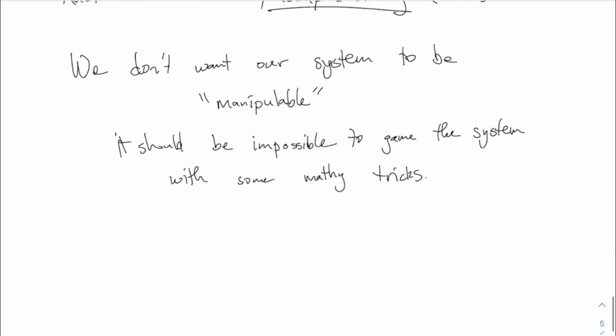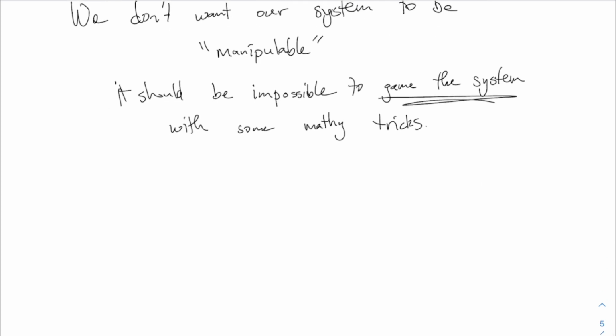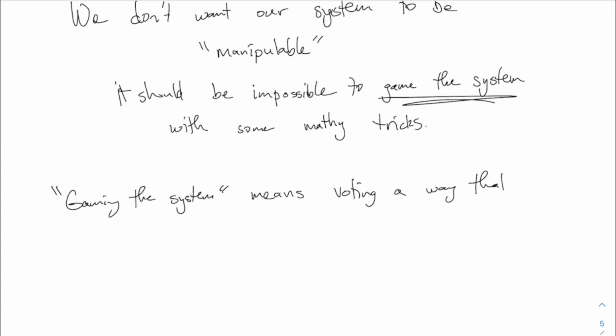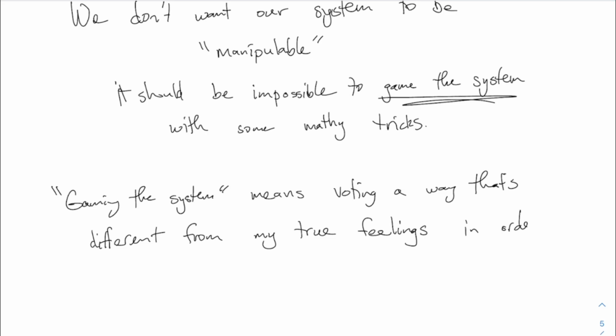So we have to be specific about exactly what I mean by gaming the system. I'm going to say it this way. Gaming the system, for our purposes, means voting in a way that's different from my true feelings in order to get a better outcome for me.